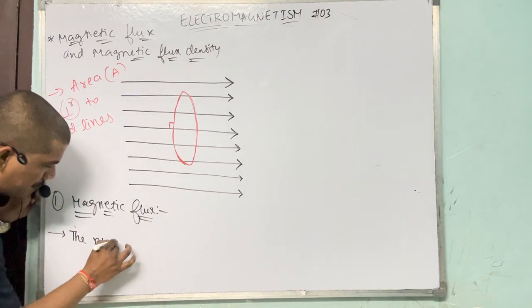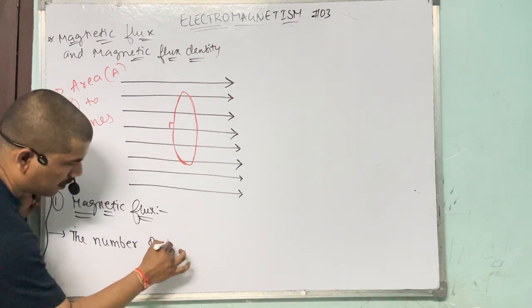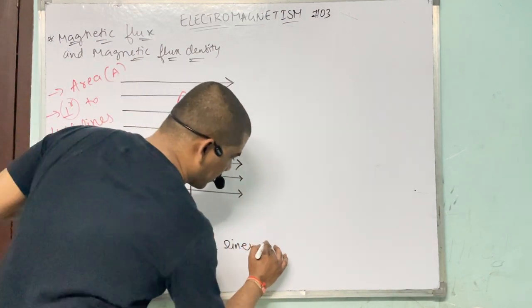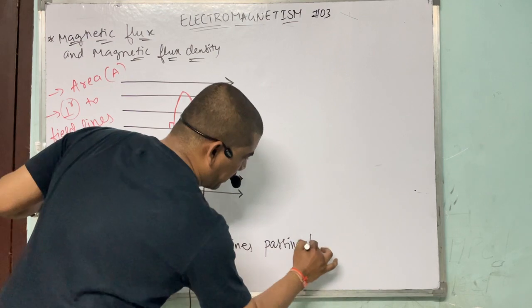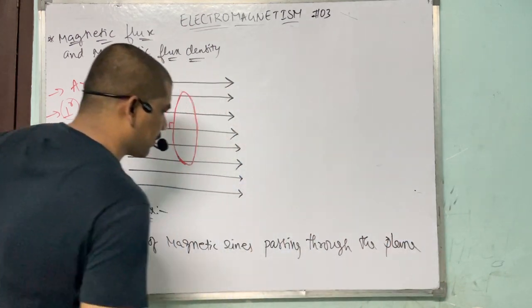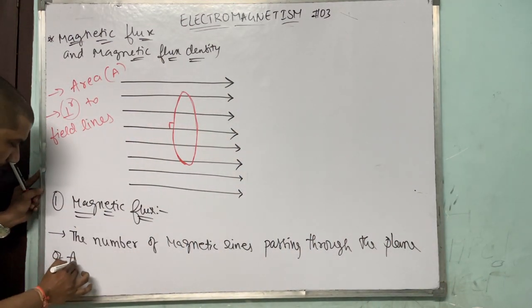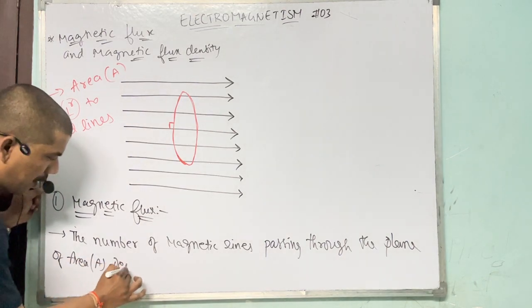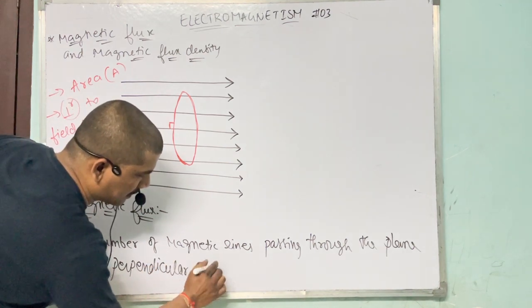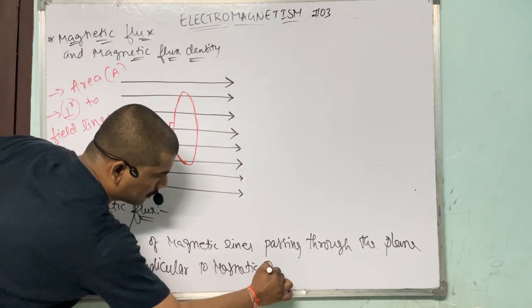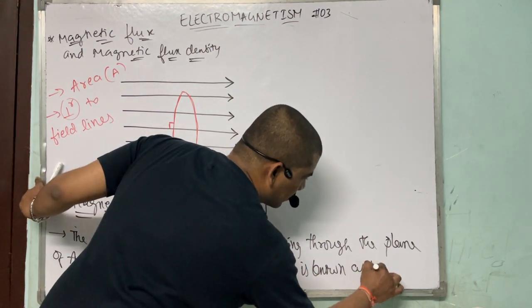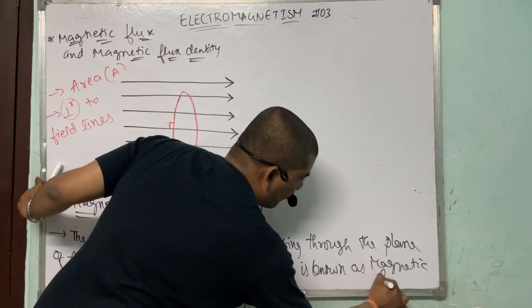The number of magnetic lines passing through the plane, this is the technical definition, of area A perpendicular to the magnetic lines is known as magnetic flux.